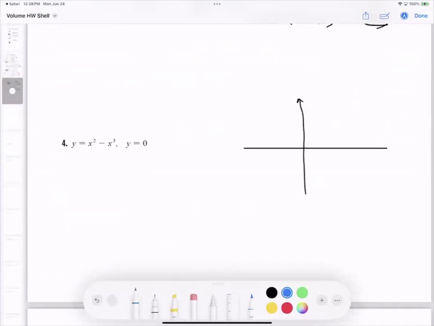So this is our object, approximately like this. And then this guy here. And we're rotating it about the y-axis using the shell method.